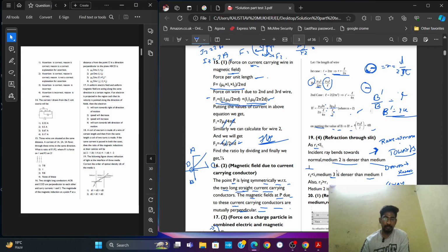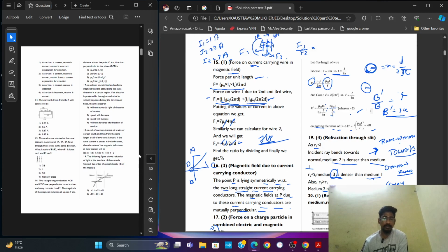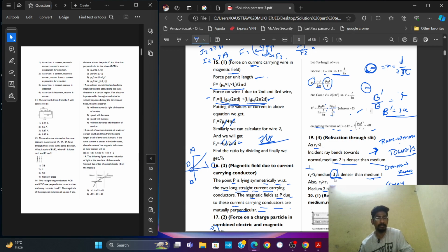That means medium 3 is also denser than medium 1, and medium 2 is denser than medium 3, right? So you can say that the density of medium 1 is lowest, density of 2 is in the middle, and density of the third medium is the highest.